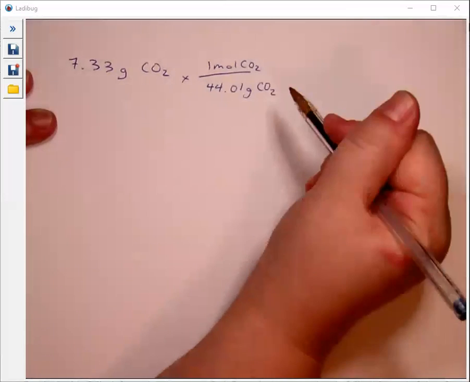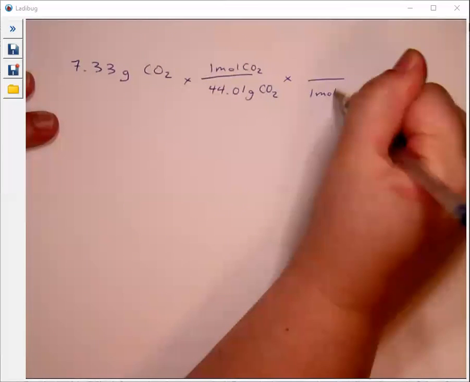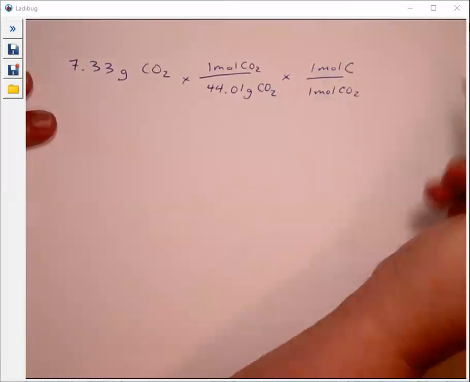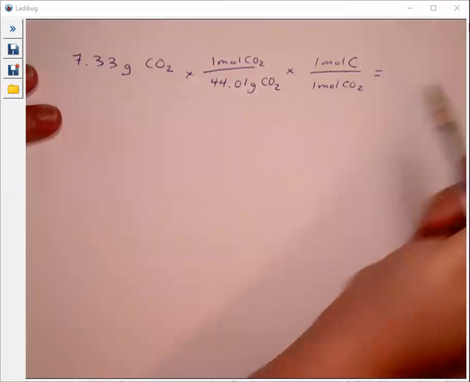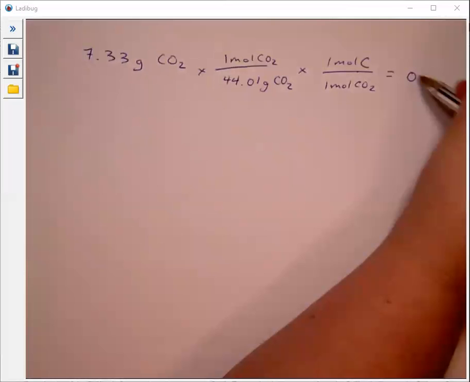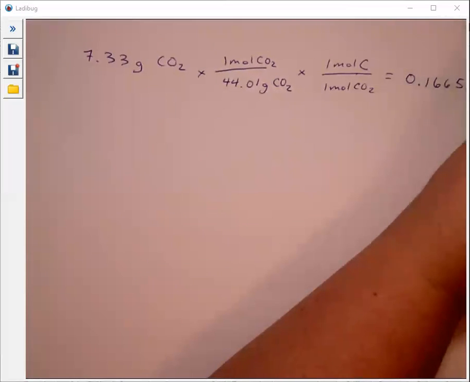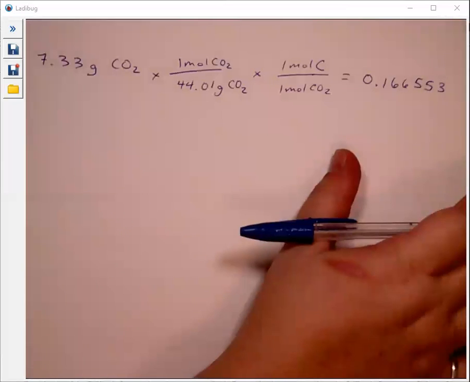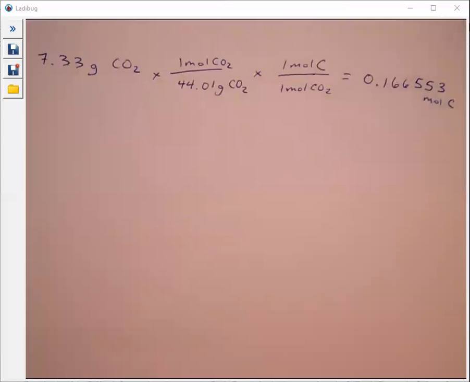And then we know that for every 1 mole of CO2, there's 1 mole of carbon. 7.33 divided by 44.01, and we get 0.166553 moles of carbon. We don't want to round or anything yet.